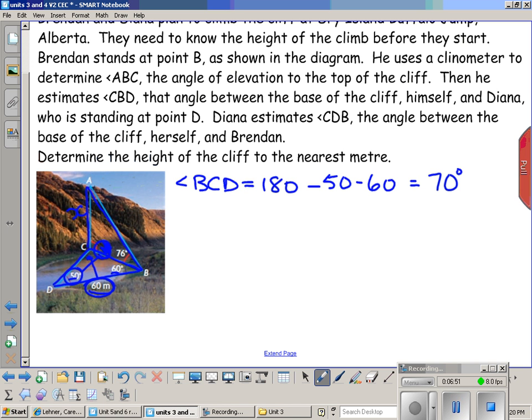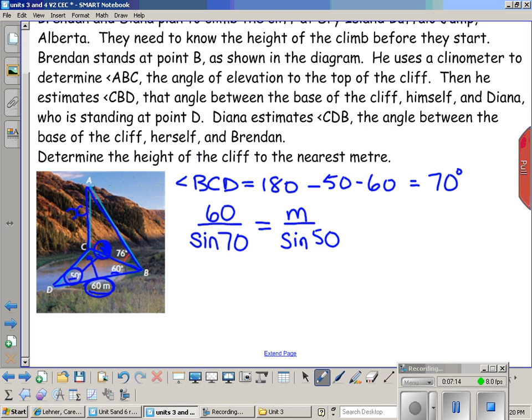So now we can solve. 60 meters is opposite the angle 70 degrees. We are looking for side length of CB. We'll call it M. You can choose any variable you want. And that is opposite the angle 50 degrees. So now we can solve for that side CB.